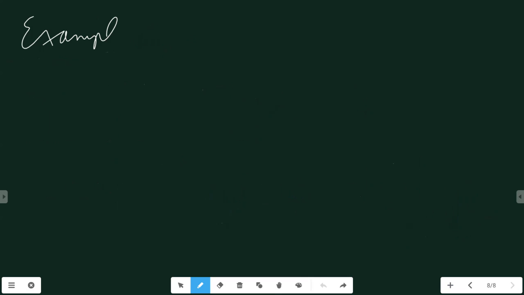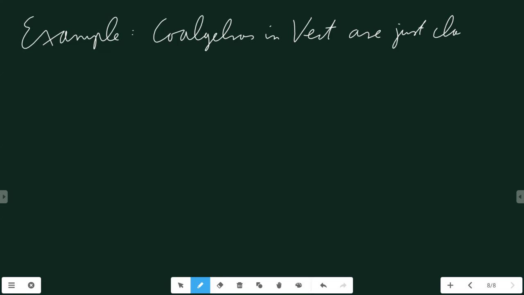Well, you probably wouldn't be very surprised if I tell you now that co-algebras, in fact, are co-algebras in the classical sense that you could look up in any book from the 60s or whatever. So co-algebras, in fact, are just classical co-algebras.